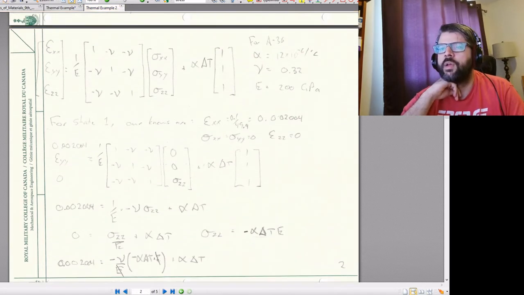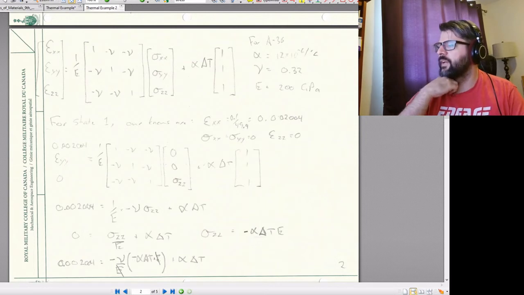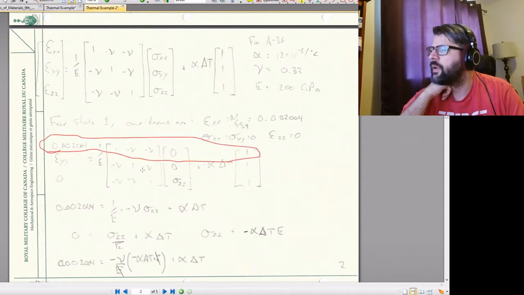So the first known that I'm going to plug into our equation here is the x strain line here. So we know that the stress in the x and the stress in the y are all 0, so that cancels out that term, cancels out that term.